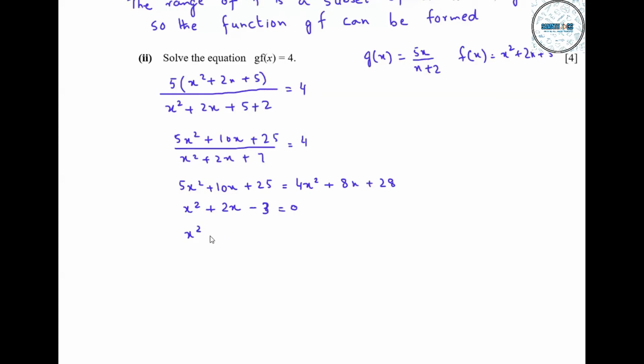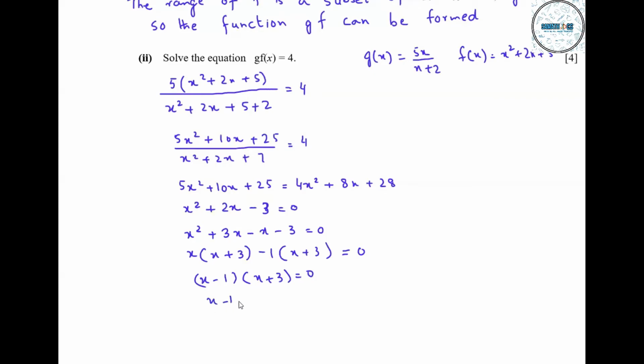To solve it, x square plus 3x minus x minus 3 is equal to 0. x is common, x plus 3 minus 1 is common, x plus 3 is equal to 0. So x minus 1 and x plus 3. So we have x minus 1 is equal to 0 and x plus 3 is equal to 0. So x is equal to 1 and x is equal to minus 3.